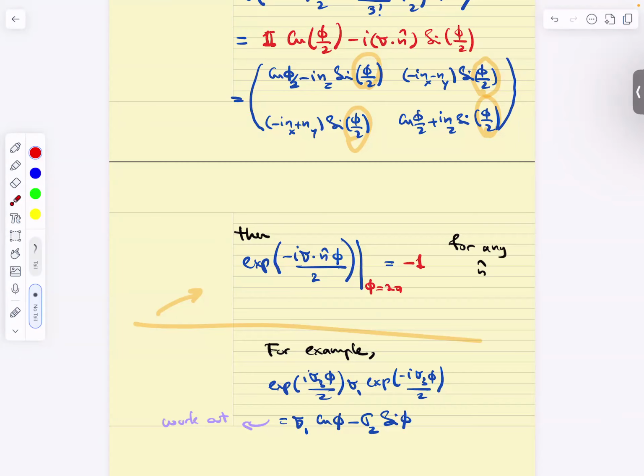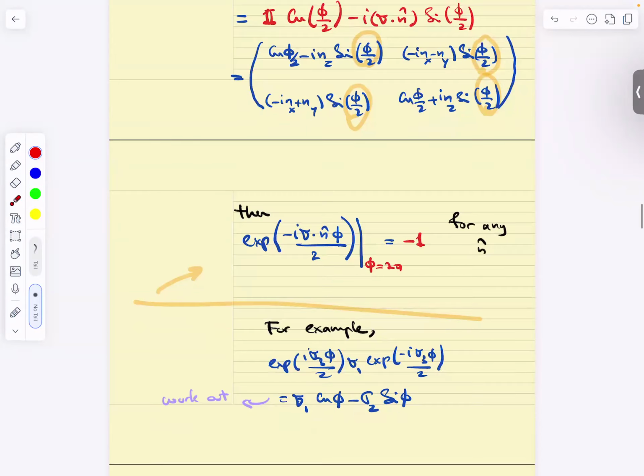As a matter of fact, it could have been a phase, because e to the power of i phi would be for the ket, and the bra would have e to the minus i phi, which would cancel. None of the expectation values would care, as they shouldn't. This e to the minus i phi is what we give the Nobel Prize for, when we talk about the, I'm blanking, what are they called? Anyons. Right.